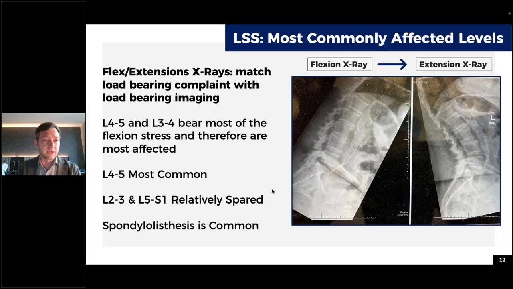Due to the biomechanics of the lumbar spine, L4-5 and L3-4 bear most of the flexion stress and are the most affected by lumbar spinal stenosis, L4-5 being the most common, as Dr. Bovenet alluded to. L2-3 and L5-S1 tend to be relatively spared. It's not uncommon to see stenosis at L2-3 or even L1-2, but L5-S1 is quite a rarity just due to the capaciousness of the canal down there. It does happen, and it's important to be able to look at these.